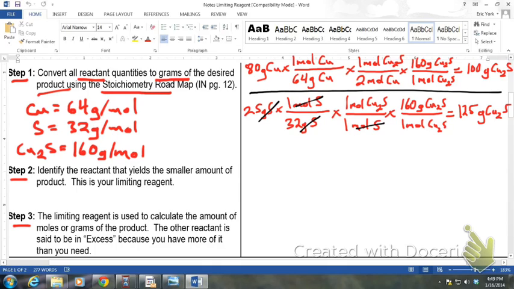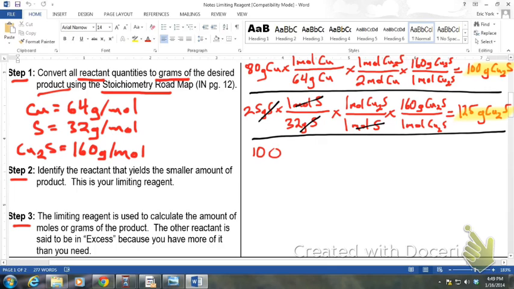Alright, so step 2 for these problems says identify the reactant that yields a smaller amount of product. So what we need to do is compare 100 grams of copper 2 sulfide to 125 grams of copper 2 sulfide. Now I know this is pretty straightforward, but let's go ahead and just compare them quickly. So we set up a little inequality.